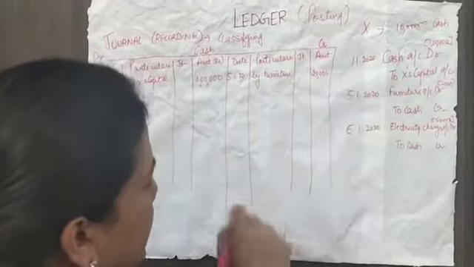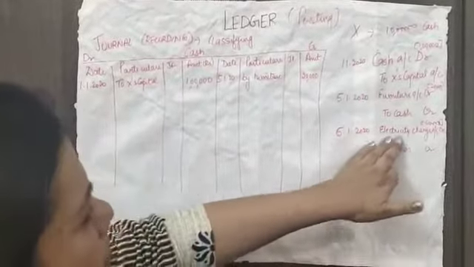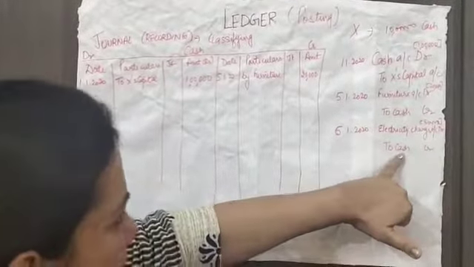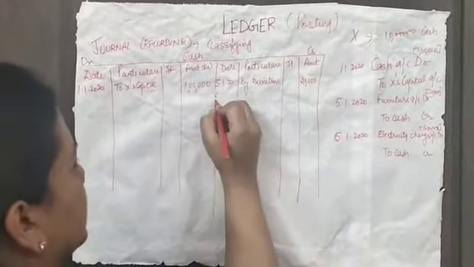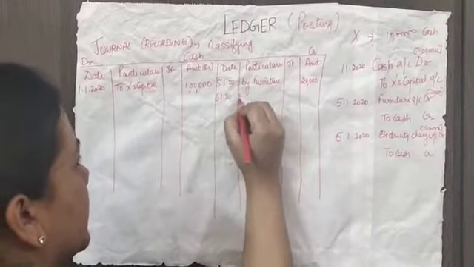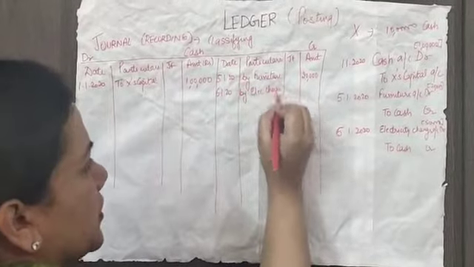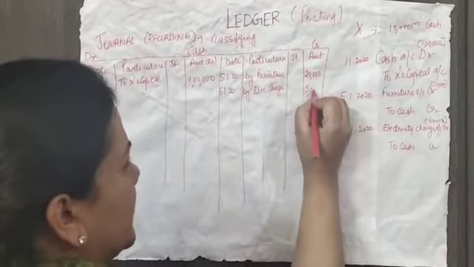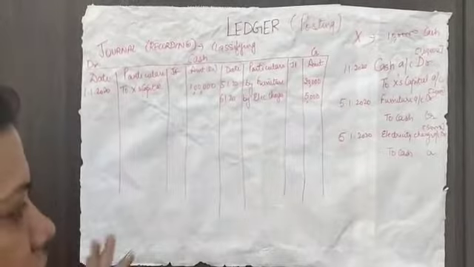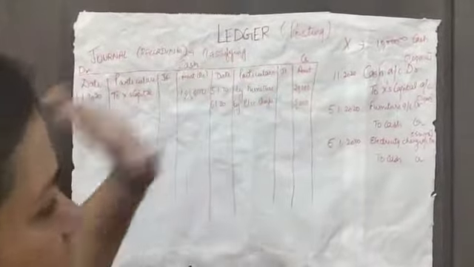Alright. And let's say there's one more entry on 6th, by electricity charges, because it's to cash, so it's by electricity charges. 6th January 2020, by electricity charges. How much? 5,000. Now let's say there are no more entries related to cash and the entire journal entries are over.